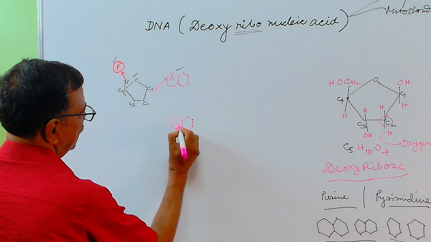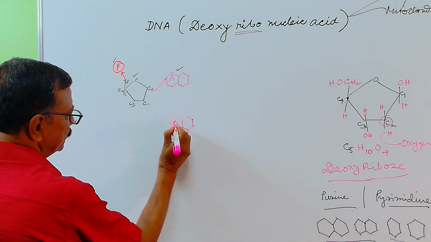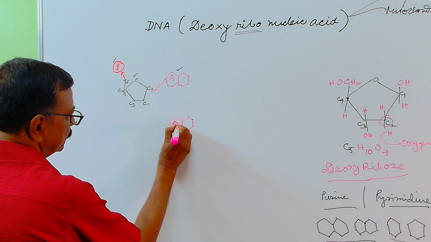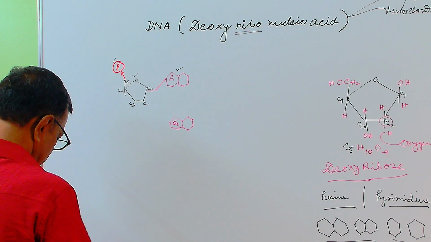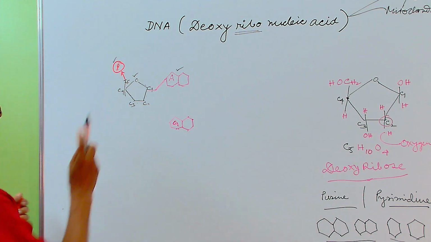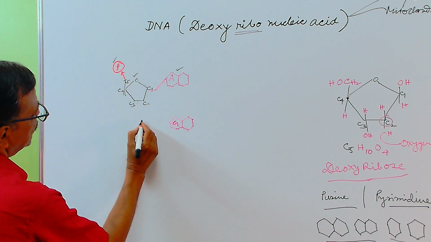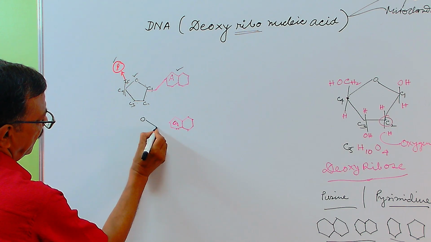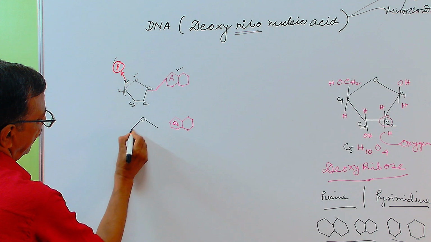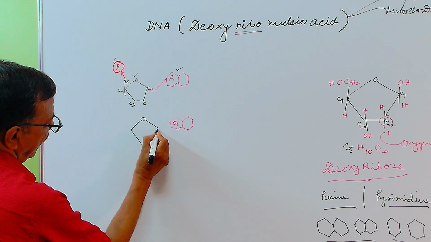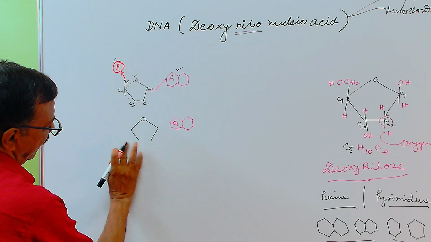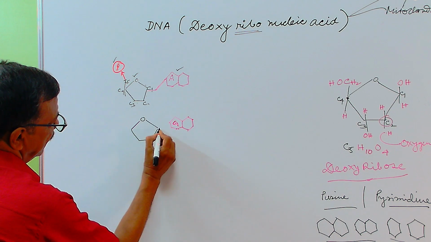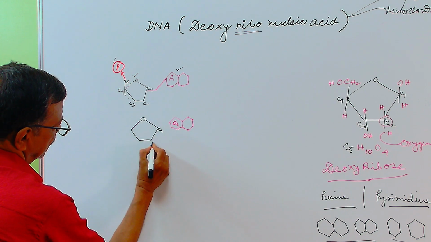This guanine joins with sugar. This sugar is like this, C1, C2.